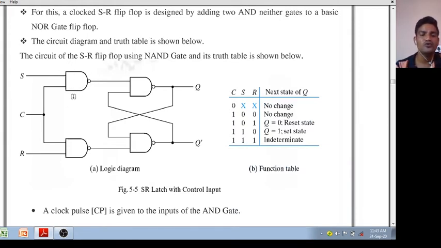Now you can replace the two input AND gate and two input NAND gate by a three input NAND gate. How?